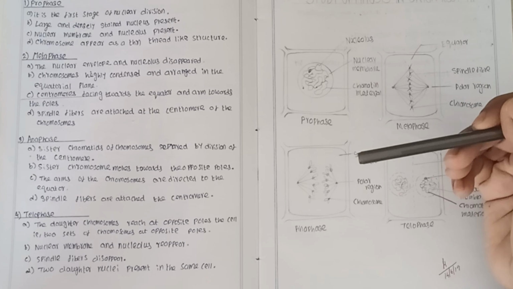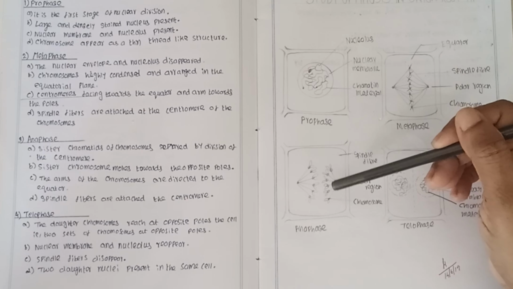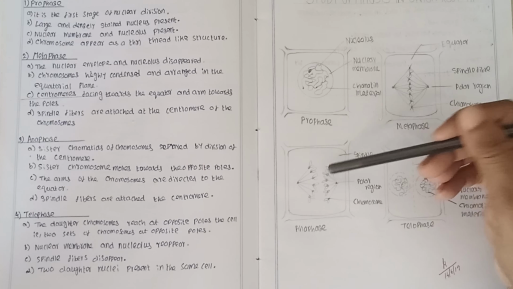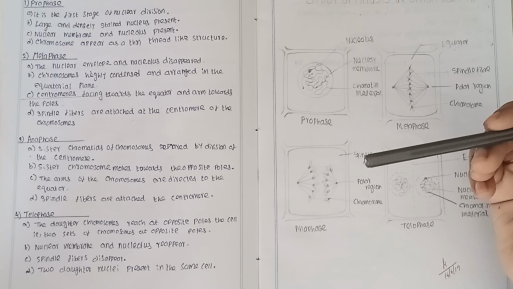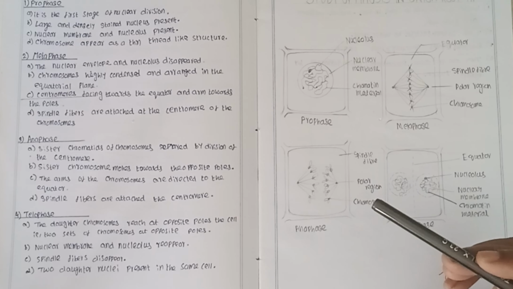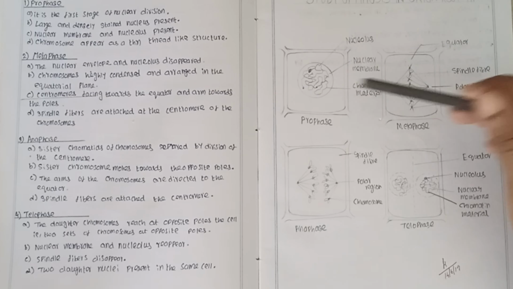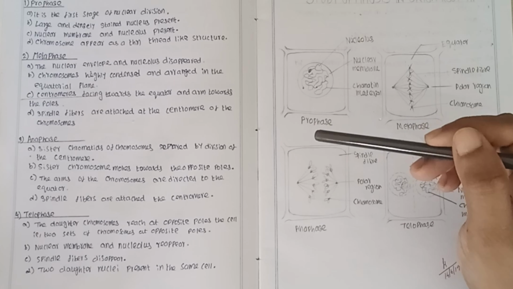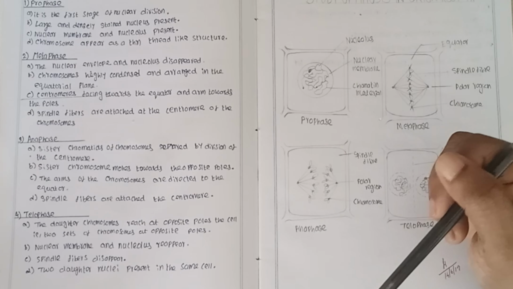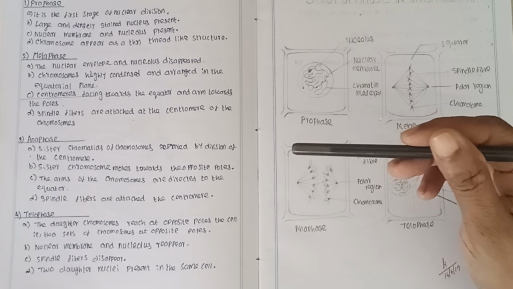Each chromosome is made up of two chromatids held together at their centromere, and each chromatid contains a newly replicated DNA molecule. Then in late prophase, the centrioles reach the opposite poles of the dividing cell, some spindle fibers are formed, the nuclear membrane disappears, and the nucleolus is not visible.